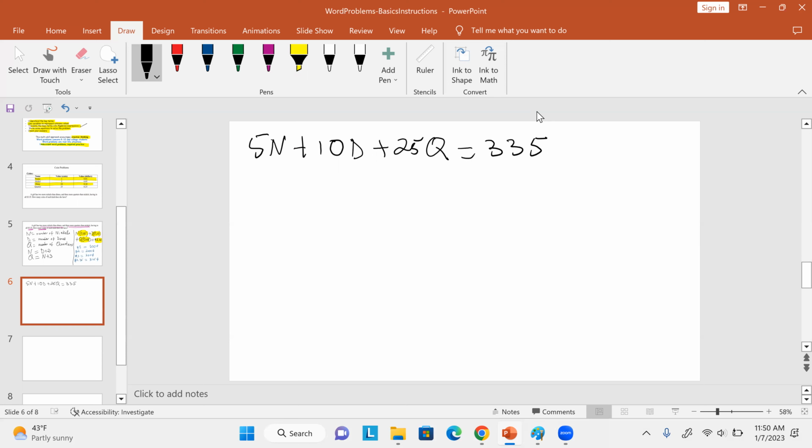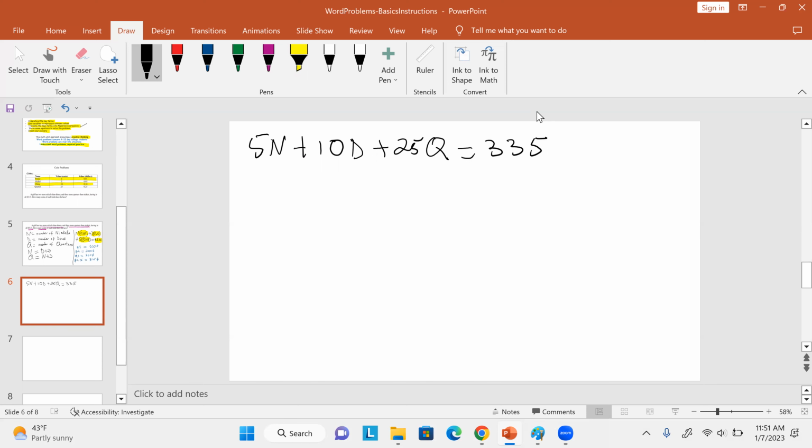There is one thing you have to understand which is very important. Every time you are solving a word problem, try to minimize the number of variables. In this equation, we have 3 different variables, n, d, and q.